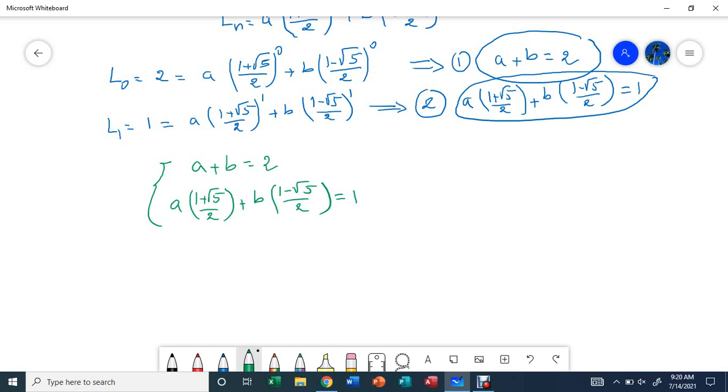I'm just going to solve for b in the first equation in terms of a. So a plus b equals 2 leaves me with b equals 2 minus a.